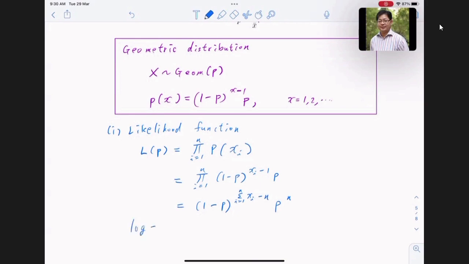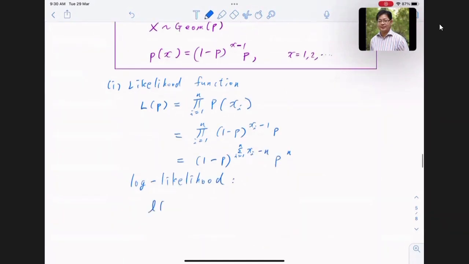And usually we'll work on the log scale. So we take the logarithm of the likelihood function to obtain the log likelihood function, which is usually denoted by a small letter l.